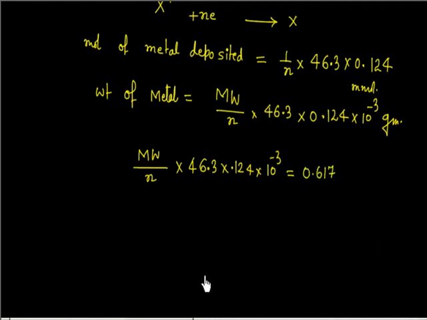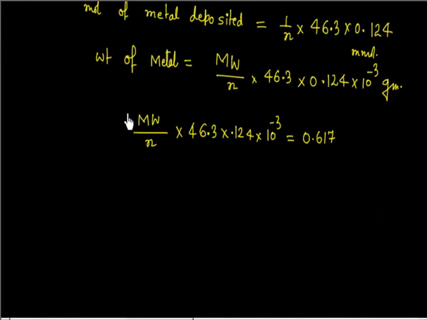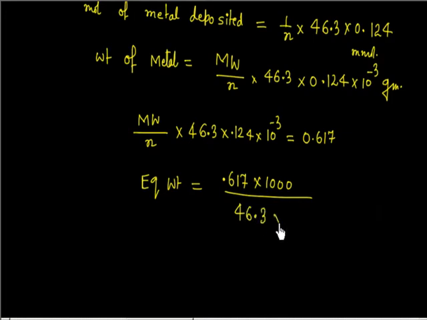So what is the molecular weight by n? That is also called equivalent weight. So now I can write equivalent weight is equal to 0.617, and this 10 to the power minus 3 will go in the denominator, so on the top it will have a positive sign, divided by 46.3 into 0.124.